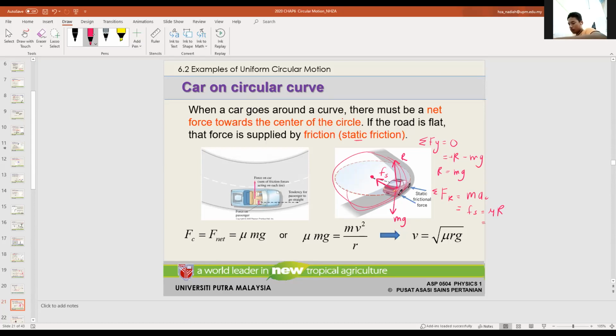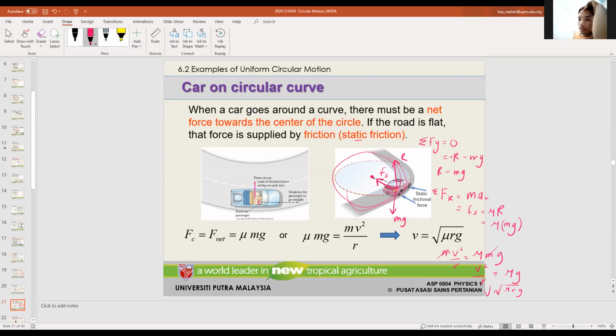We know R is mg, so you can just replace R with mg. So here mv squared over R equals to mu mg. I can cancel out m. So v squared over R is just mu g, or however you want to rearrange it. So this rearranges to v equals square root of mu R g.